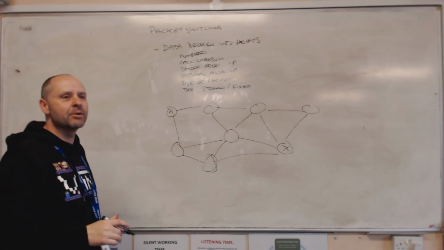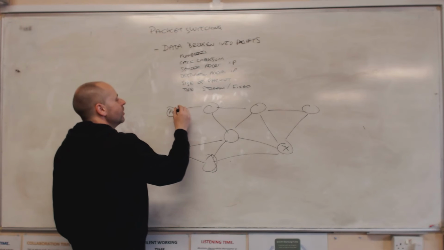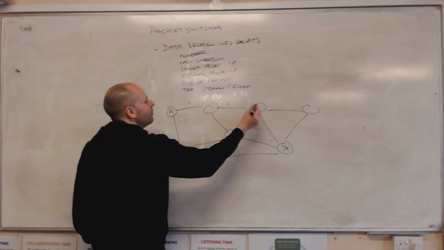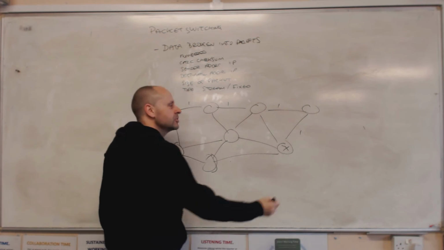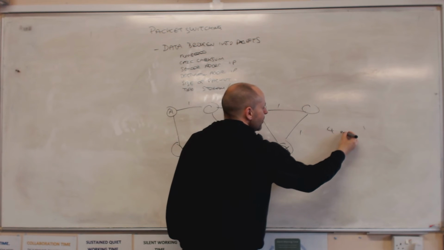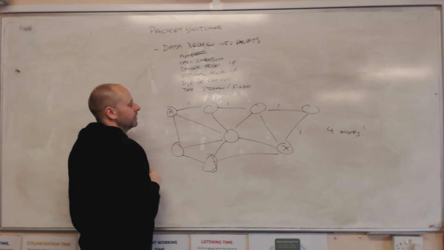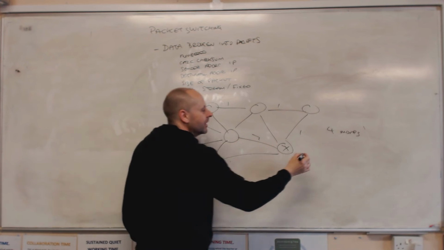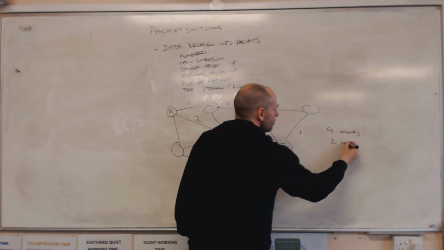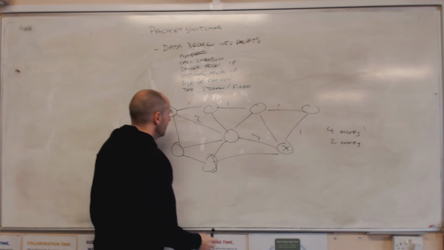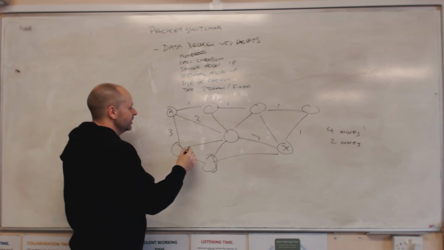And this is the crucial thing about packet switching. So if I've got 3 packets, packet 1 might go this way, and it's taken 4 moves. I'm going to cheat. Packet 2 might go that way. So 2 moves for packet 2. And then packet 3 might go this way.